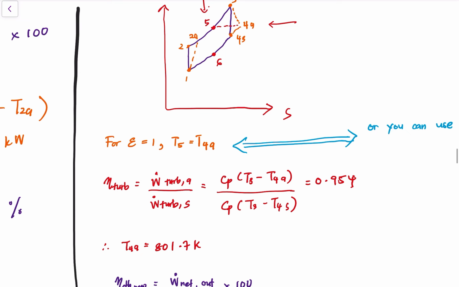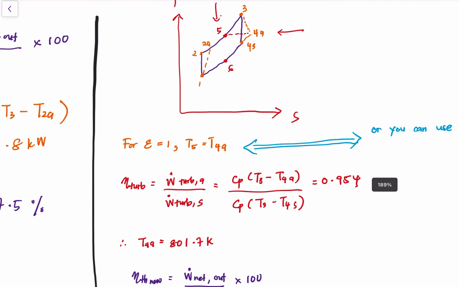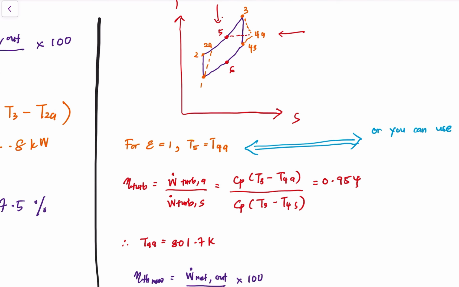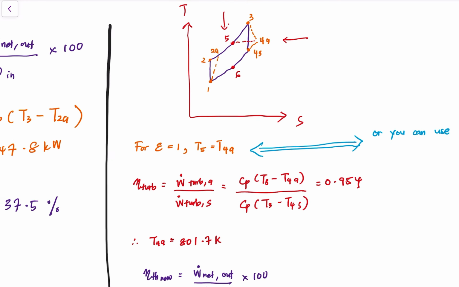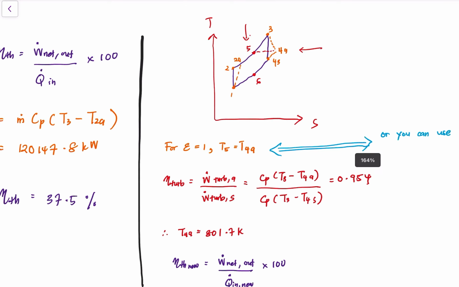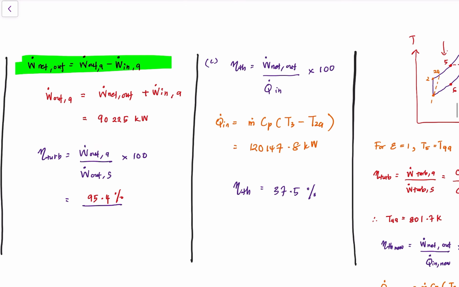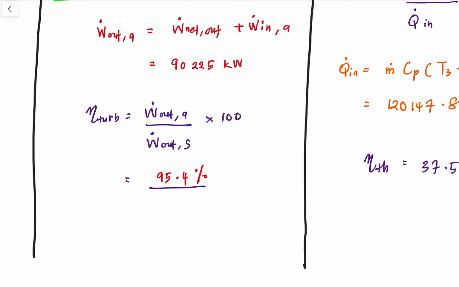Alright, so since we don't have the information of the T4A, but we already know the T4S, T3. So by using the isentropic efficiency of the turbine, which you already have calculated over here, 95.4.